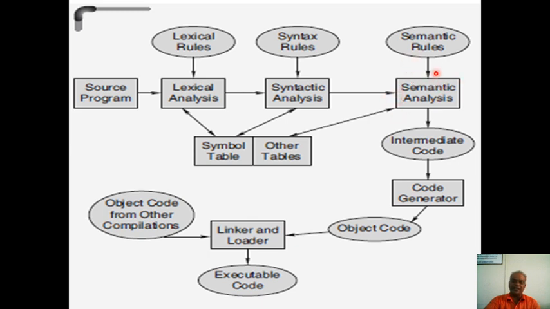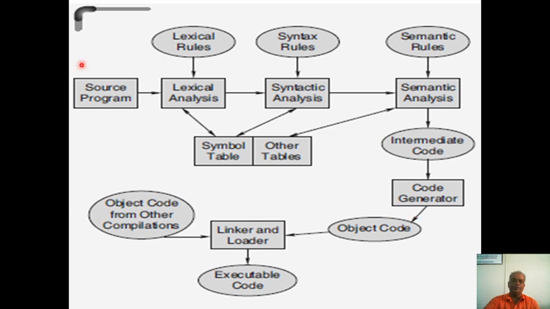Semantic, in the sense the meaning. Here, an intermediate code of the final machine language is produced. After completion of the semantic analysis, finally the compilation process enters into the code generator. It produces the object code of the source program.